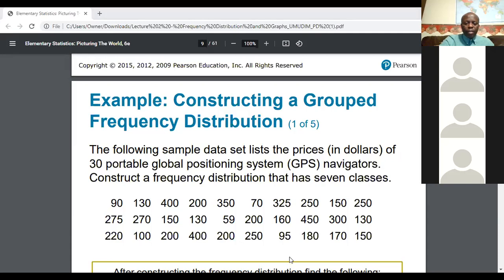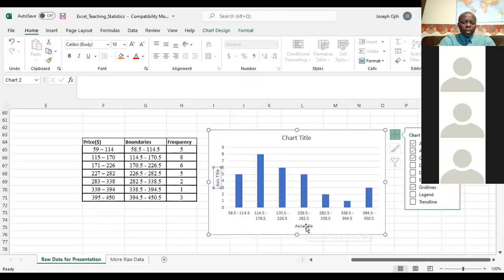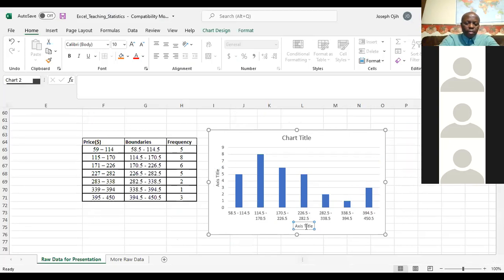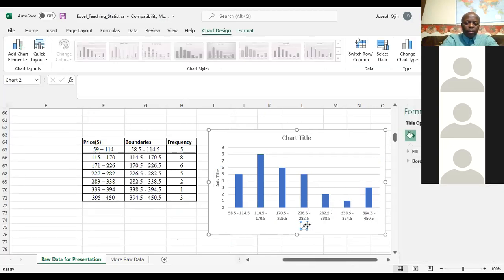So we have, let's see, I think I didn't put it right. Excuse me. So you can see the prices here. I'm typing the prices. Prices. GPS in dollars. Okay.